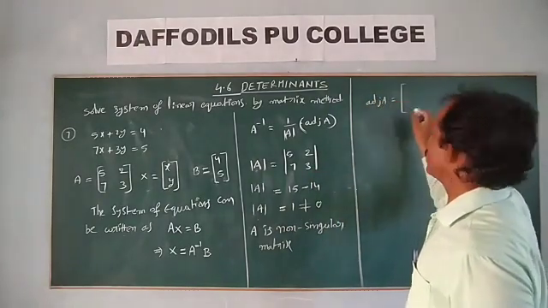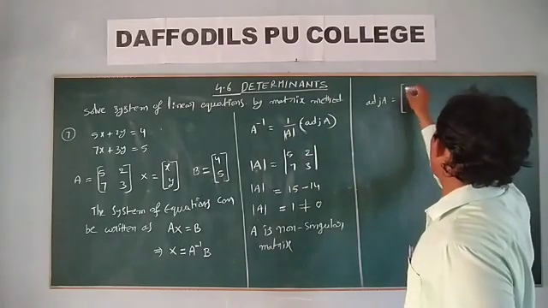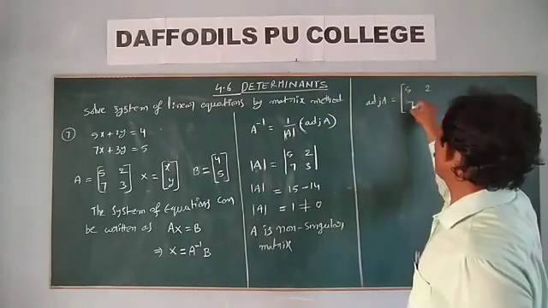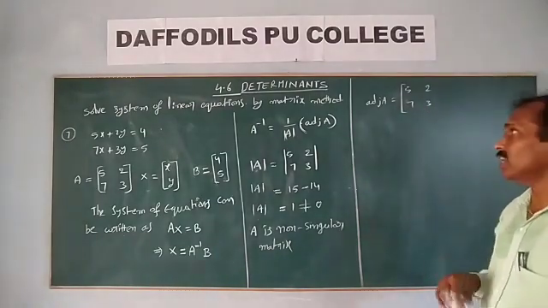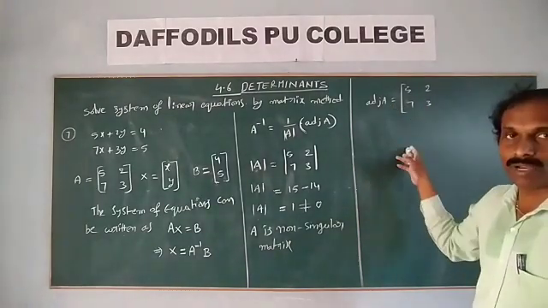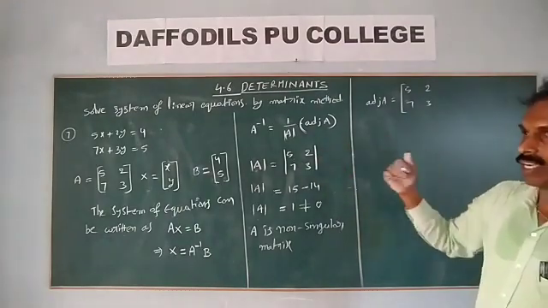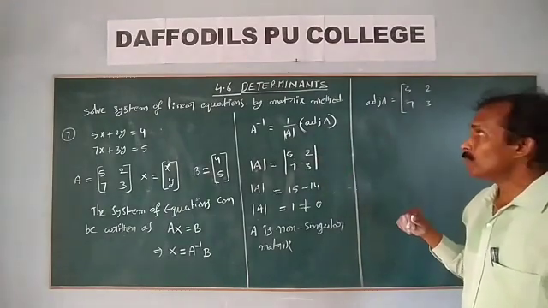Adjoint A is equal to, take the elements directly from 5, 7, 2, 3. Actually, adjoint is the transpose of the cofactors of A, so you need to find cofactors A11, A12, A21, A22.